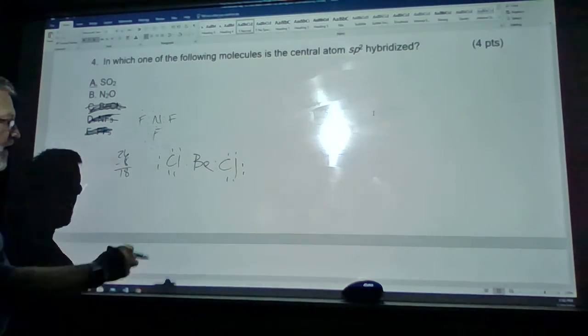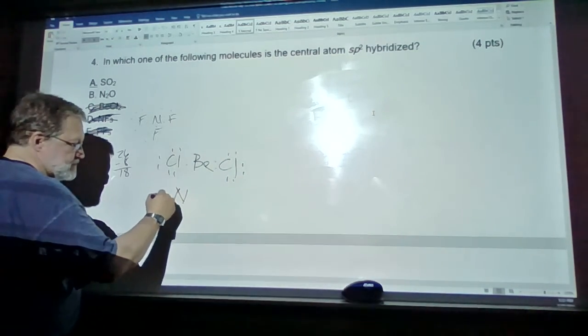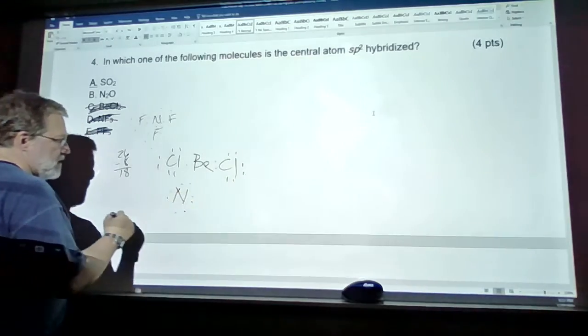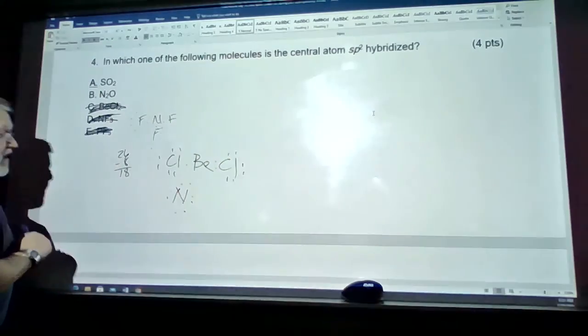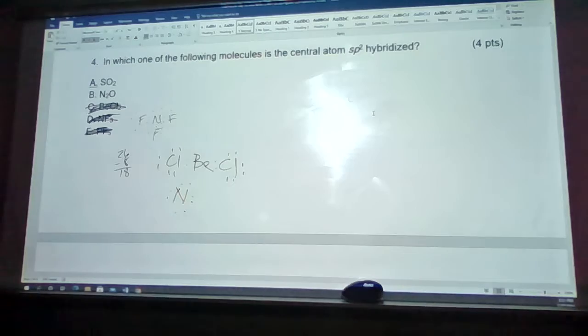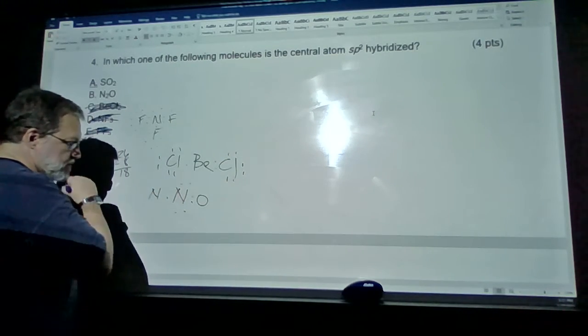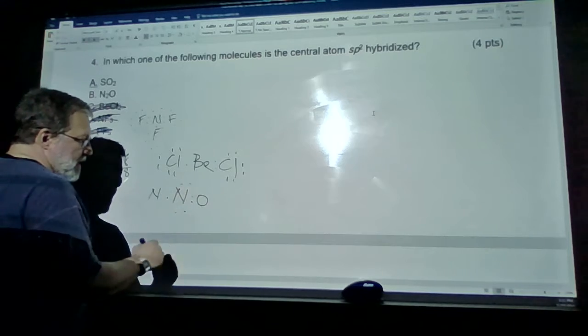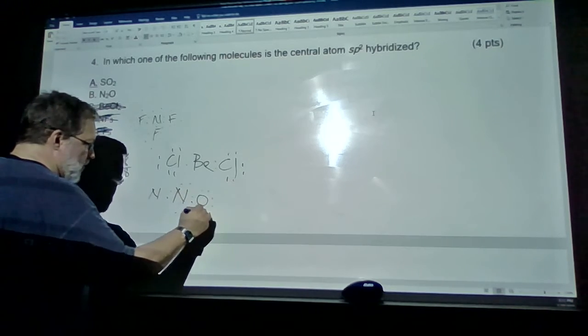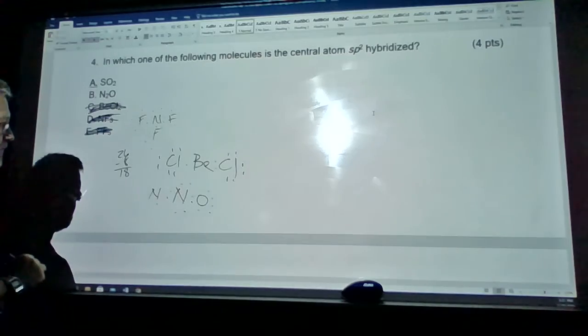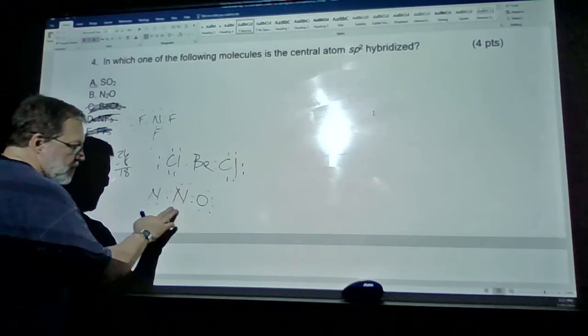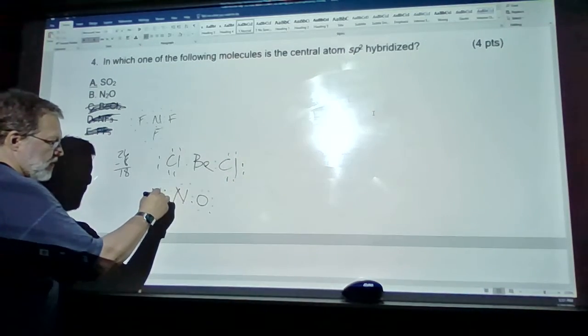N2O, there the center atom is nitrogen. Five valence electrons from each nitrogen, that's 10 plus 6 is 16. 8, 9, 10, 11, 12, 13, 14, 15, 16. If we take one of these electron pairs, put it right there.